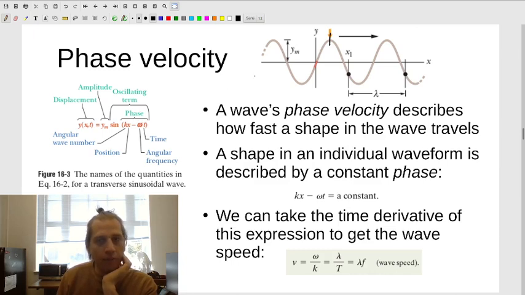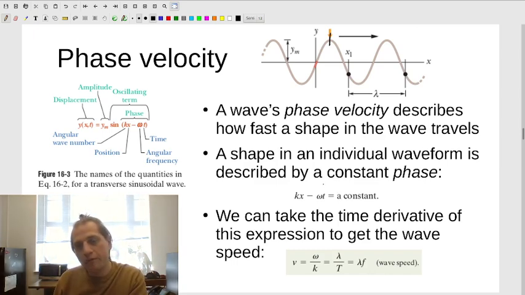So if you have a point at time equals 0 where the phase, that thing that's the argument of the sine function, is, here for instance, pi over 2, this phase for that bump is going to stay at pi over 2 even as the bump travels over. So the way that you describe that is by saying that kx minus omega t, that expression, is equal to a constant.